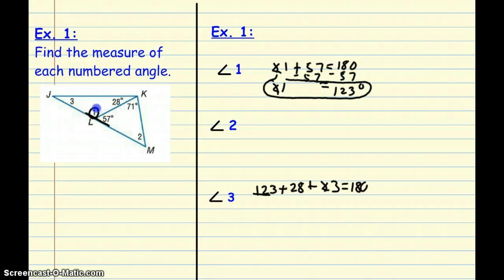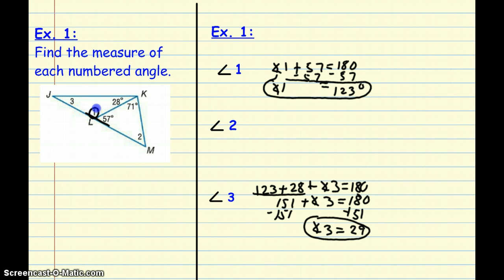I add these two numbers together, that gives me 151 plus angle 3. And I'm going to subtract 151 from both sides. So angle 3 is equal to 29 degrees. So far we have angle 1 is 123 degrees, and angle 3 is 29.